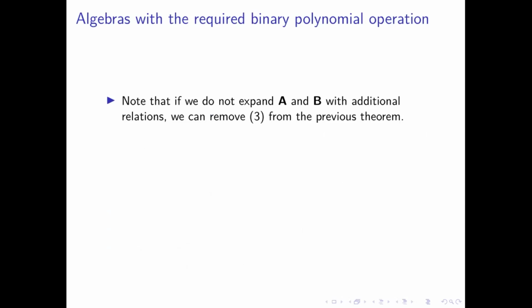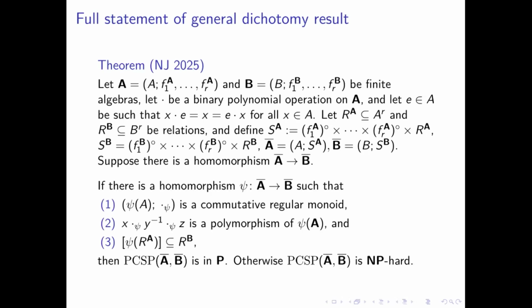So I'm more interested in what happens when you just look at algebras as opposed to algebras expanded with additional relations. But if we go back to the previous slide, notice that if this theorem still holds if you don't expand with RA and RB, you can still collect all the F's into this relation S. Condition 3 just disappears then, and this statement becomes a lot nicer.